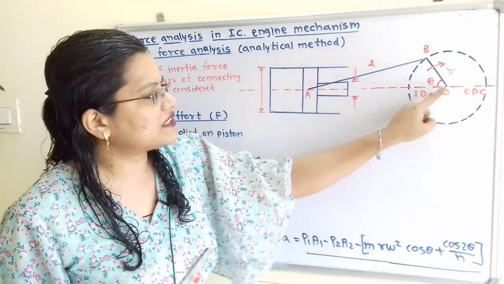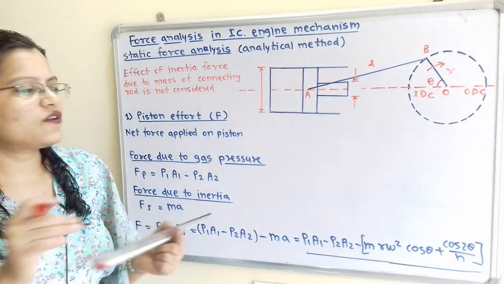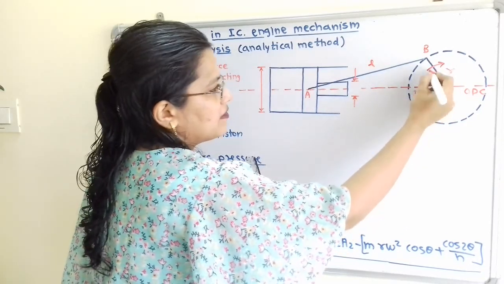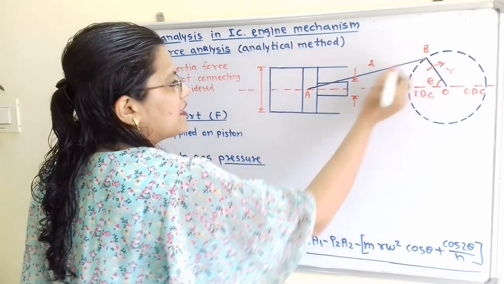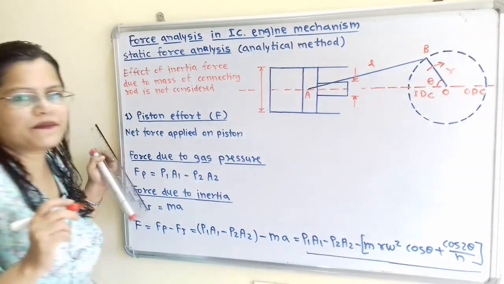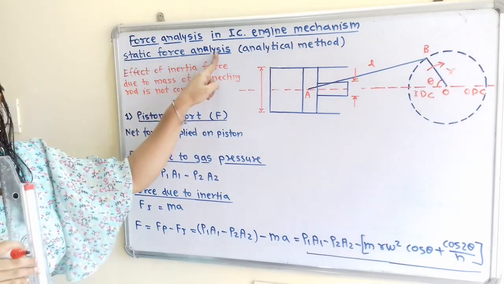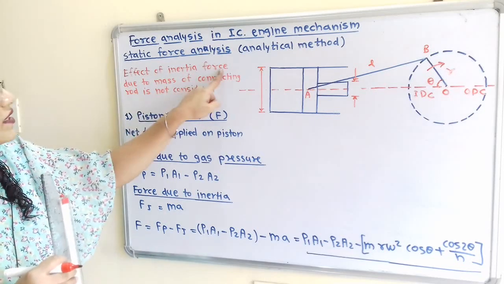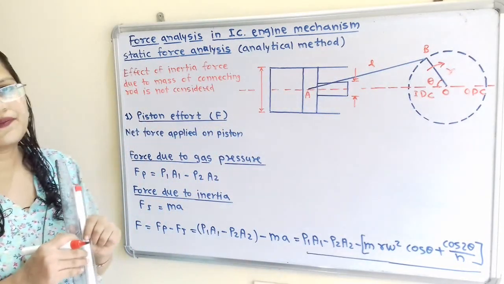If we observe this diagram, here OB is the crank of radius r. It rotates through an angle theta from this inner dead center in clockwise direction. Then this AB is the connecting rod of length L. Now when we are going to consider the static force analysis, then we should not consider the effect of inertia force due to the mass of the connecting rod.